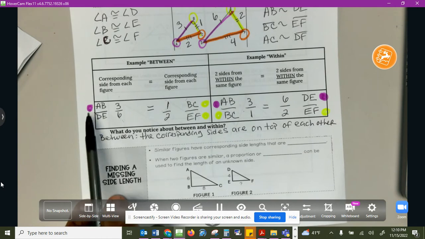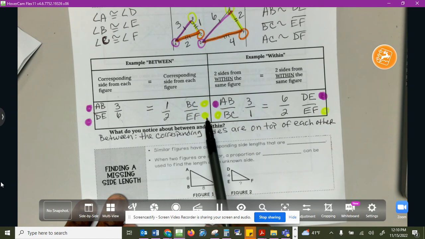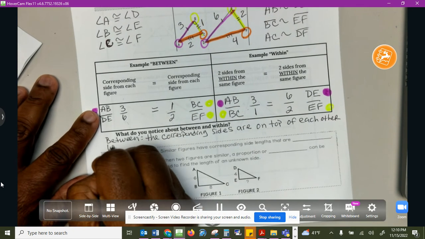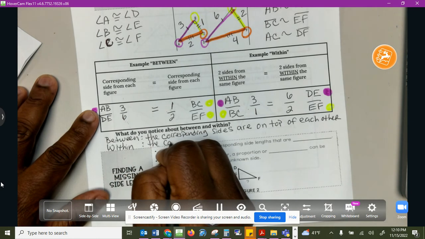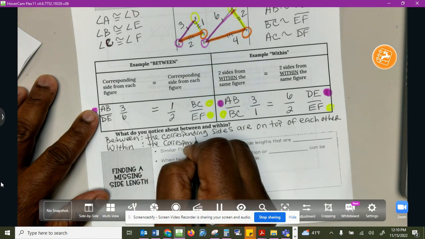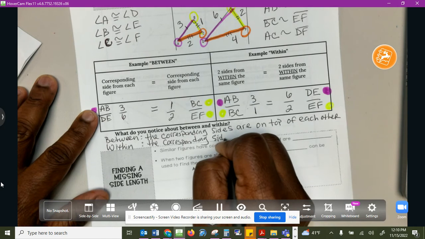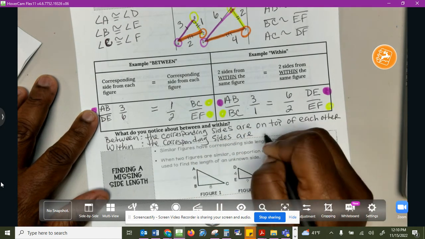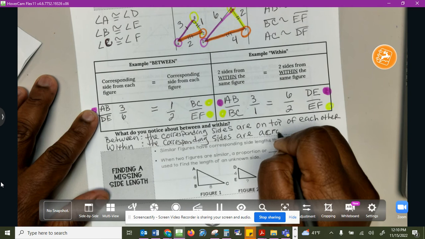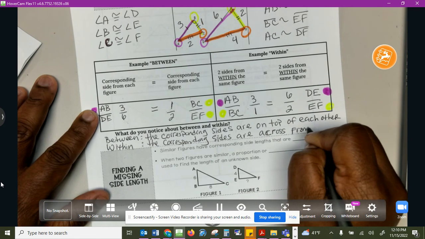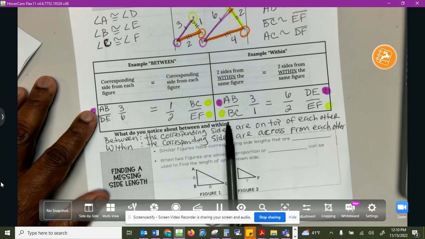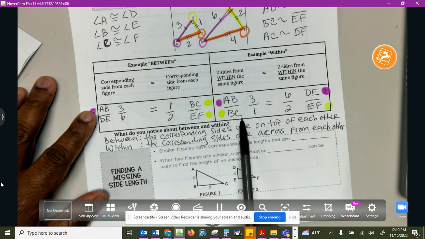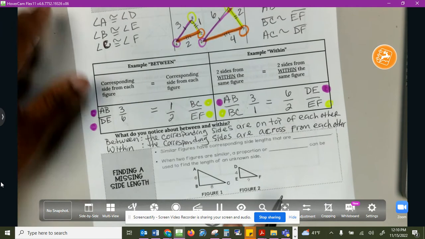When we're between, you notice these are corresponding, so they're the same color and they're on top of each other. But when we're talking about within, the corresponding sides are across from each other. So when you look here, they are across from each other this time. So that's the difference.